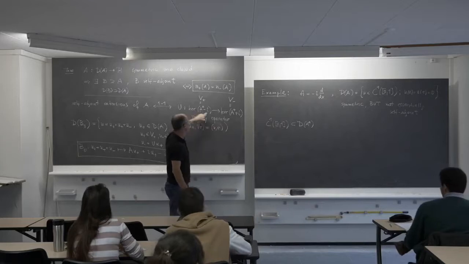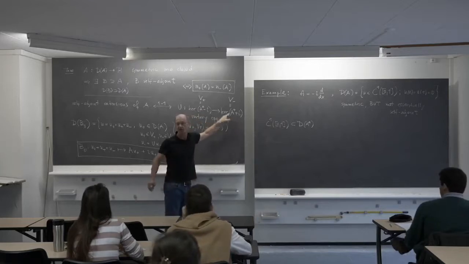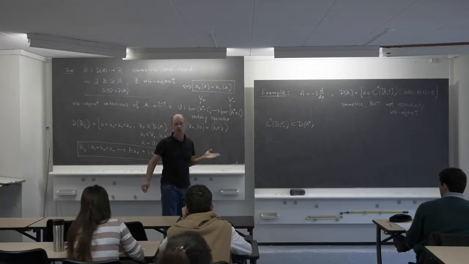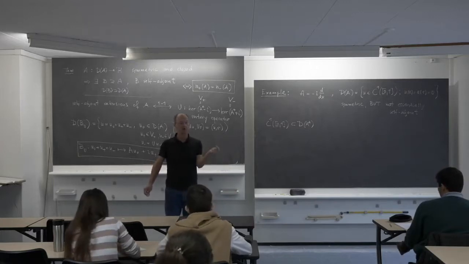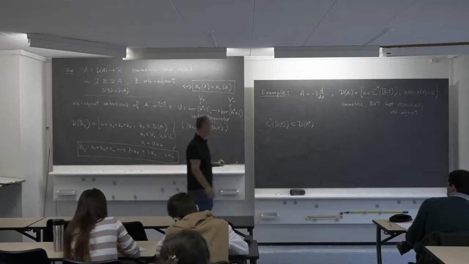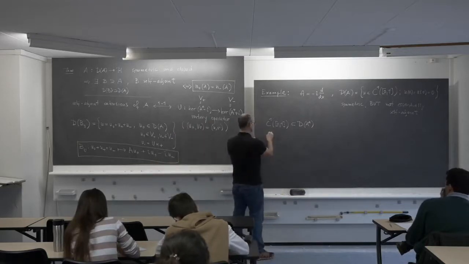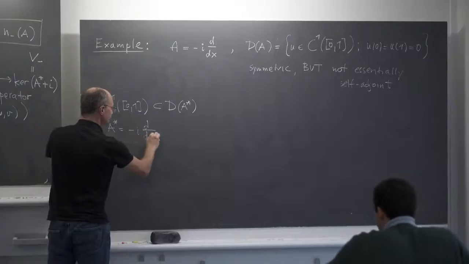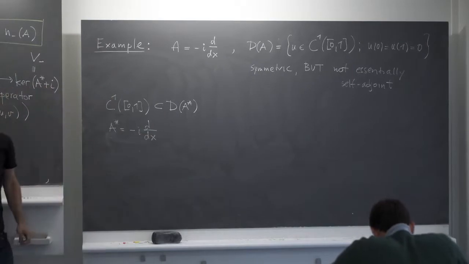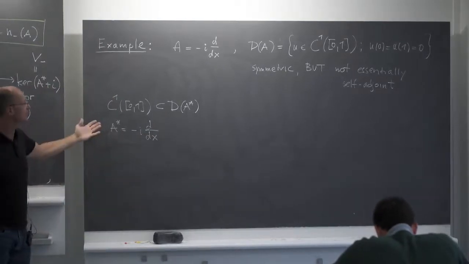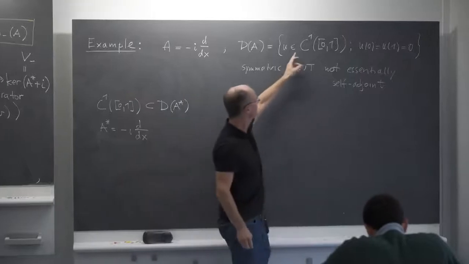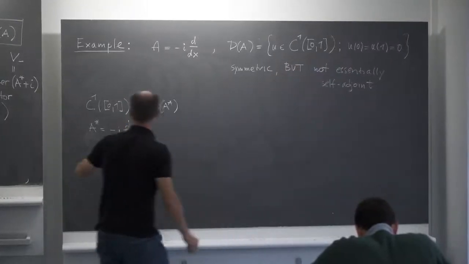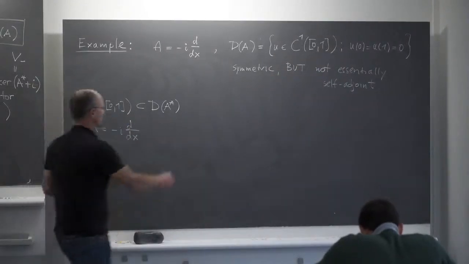Let's try to solve those eigenvector equations for A star. So we want to find eigenvectors of A star with eigenvalues plus and minus i. Let me recall that A star, on that domain, we've shown is actually given by the same formula. So A and A star are given by the same formulas, but the domains are different, right?